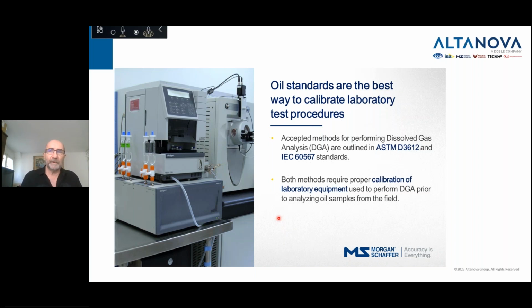Is their extraction efficient, depending on the extraction system they're using? And also if their GC is very good at separating and measuring correctly the gas in the oil.